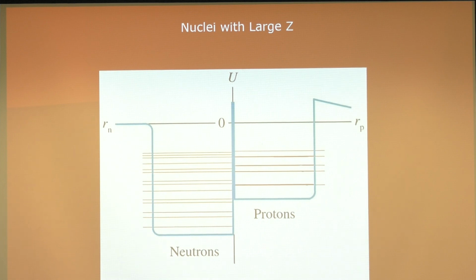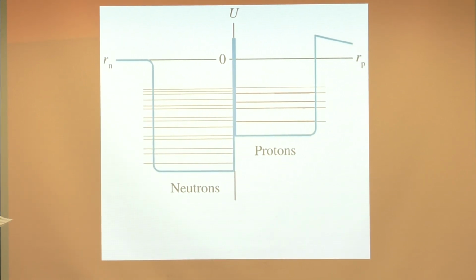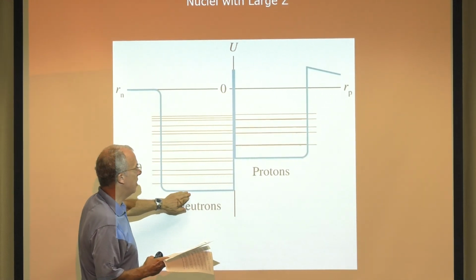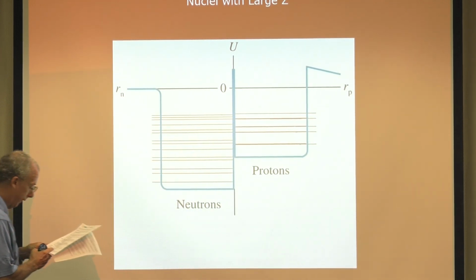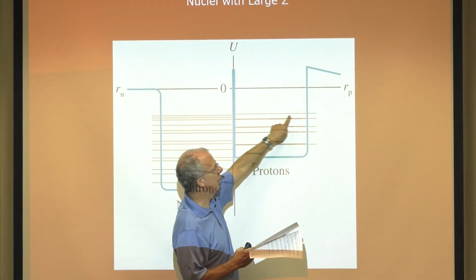So there it is, okay? So what do you notice? Well, the neutron's well is much deeper than the proton's well, right? But you also notice that the heights are pretty much the same, right?